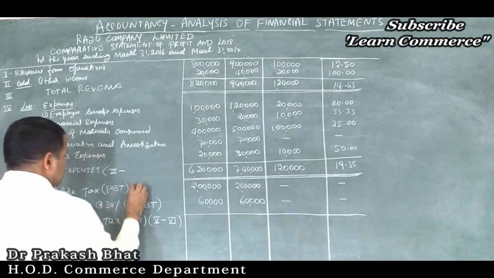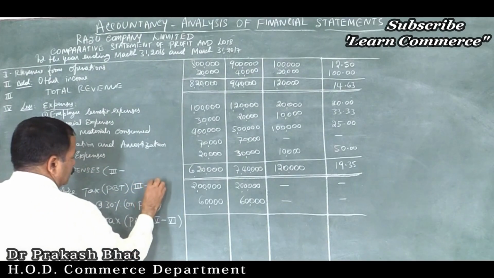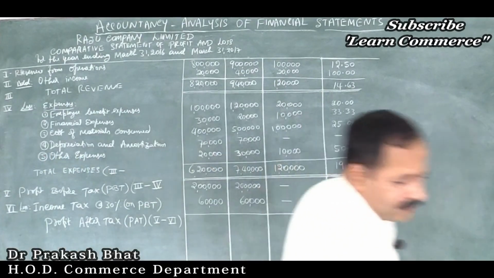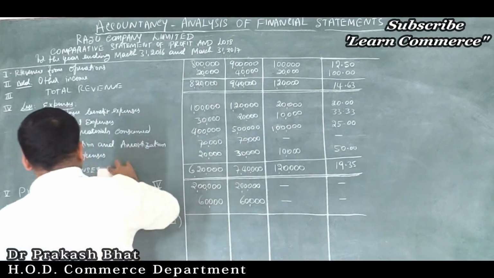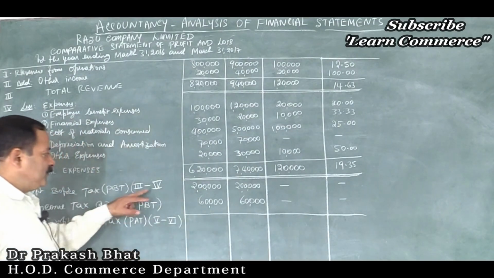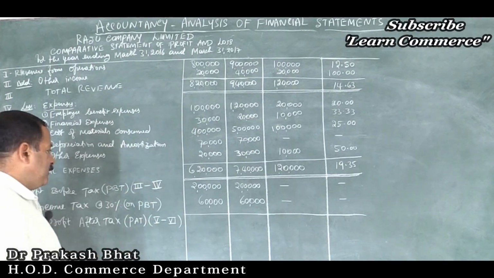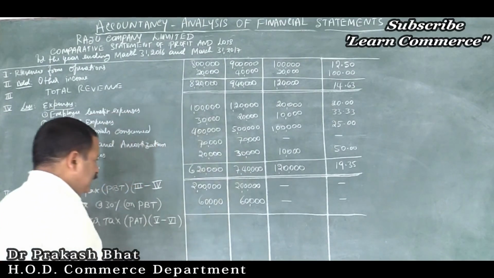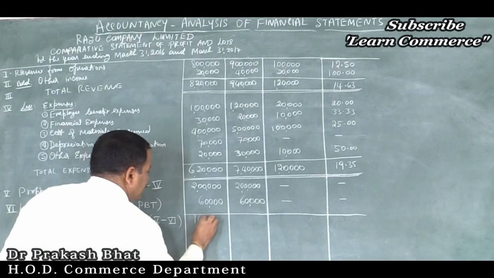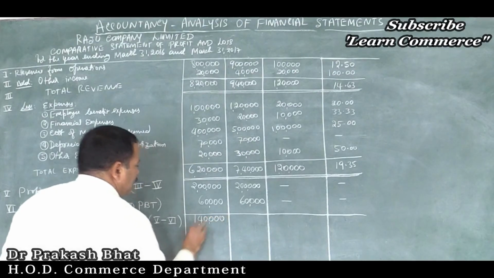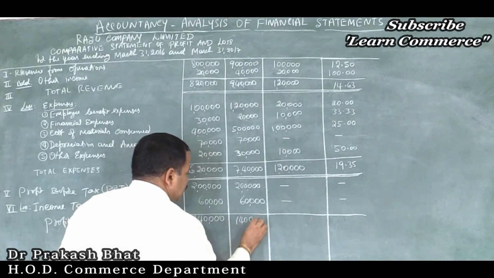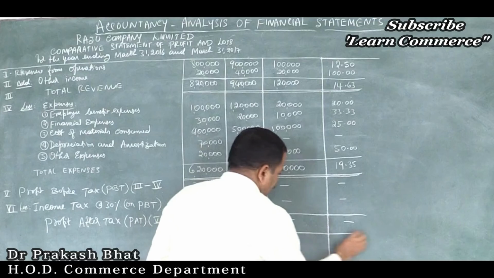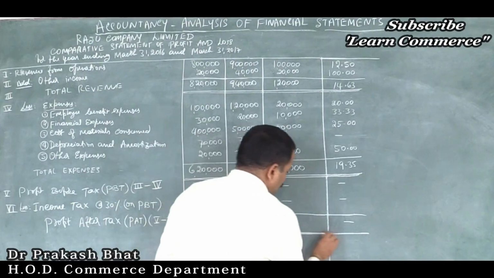Total revenue minus total expenses, you will get profit before tax. You are charging income tax, you will get PAT. How much is the PAT? 1,40,000, is that correct? Profit after tax is 1,40,000. There is no change, so dash, double underline and stop there.